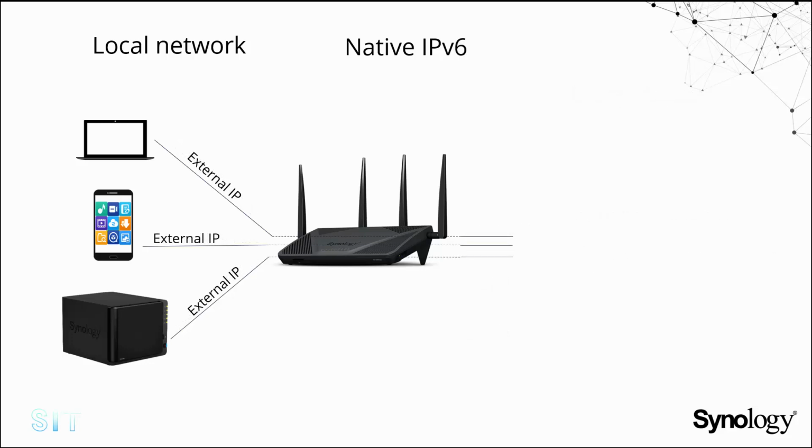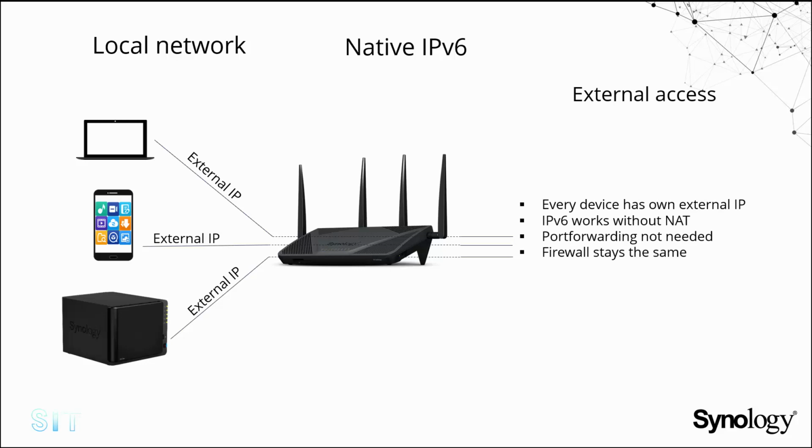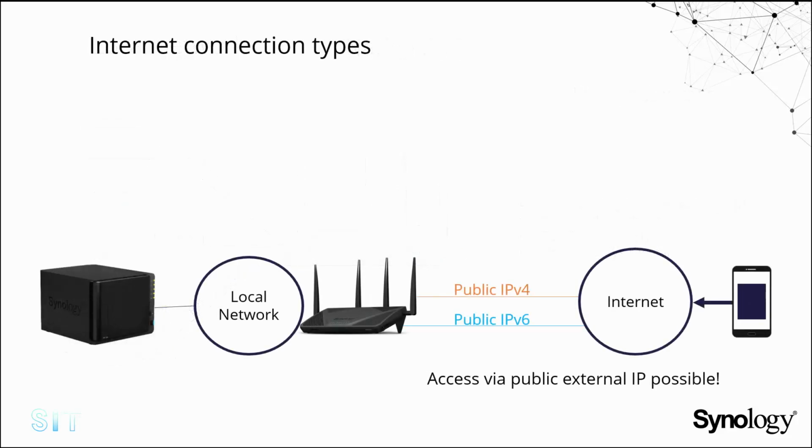The most important difference with the IPv6 connection is that an external internet IP is not only assigned to the router, but each device connected to the internet is assigned its own IPv6 address. This also includes our NAS. It would then be accessible via the internet using the fixed IPv6 address, and no network address translation or port forwarding would be necessary. Also, our firewall would remain unchanged.